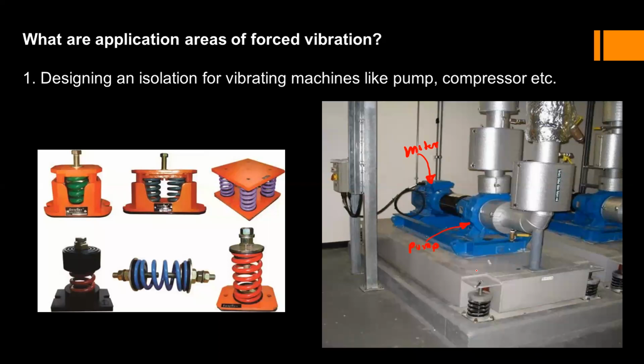The assembly is separated from the foundation by an isolator. Isolation is basically a spring and damper arrangement so that we can minimize the force transmitted to the foundation, and then we can avoid the noise and failure of machine components. You can observe here the different isolators. We should study forced vibration to design such isolating mounts.